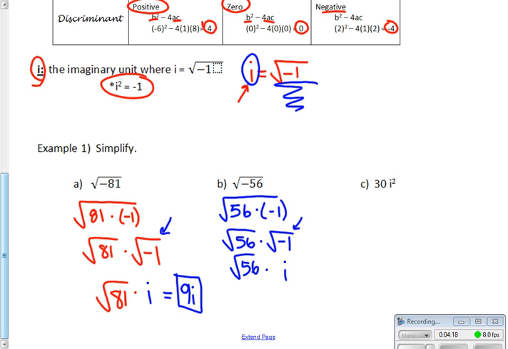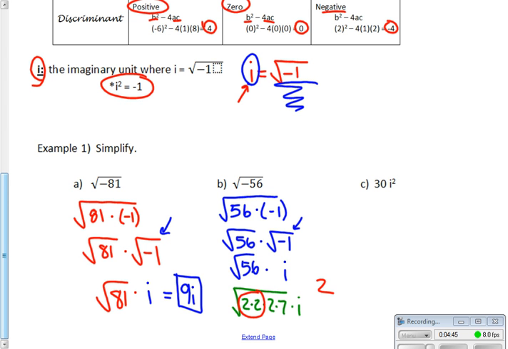Another way you could do this is to reduce it. The square root of 56 is 2 times 2 times 2 times 7, and then we'd have times i here. We have a pair: 2 times 2 is 4, and the square root of 4 is really 2.